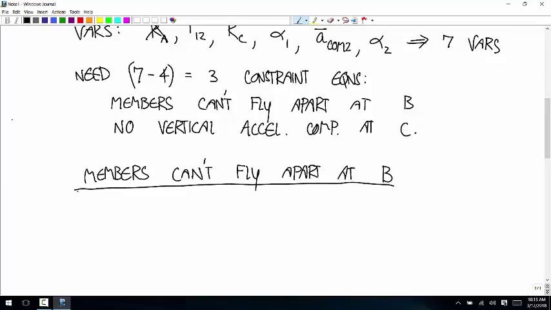So what that is saying is if you calculate the acceleration of B according to member 1, that has to be equal to the acceleration of B calculated using member 2.